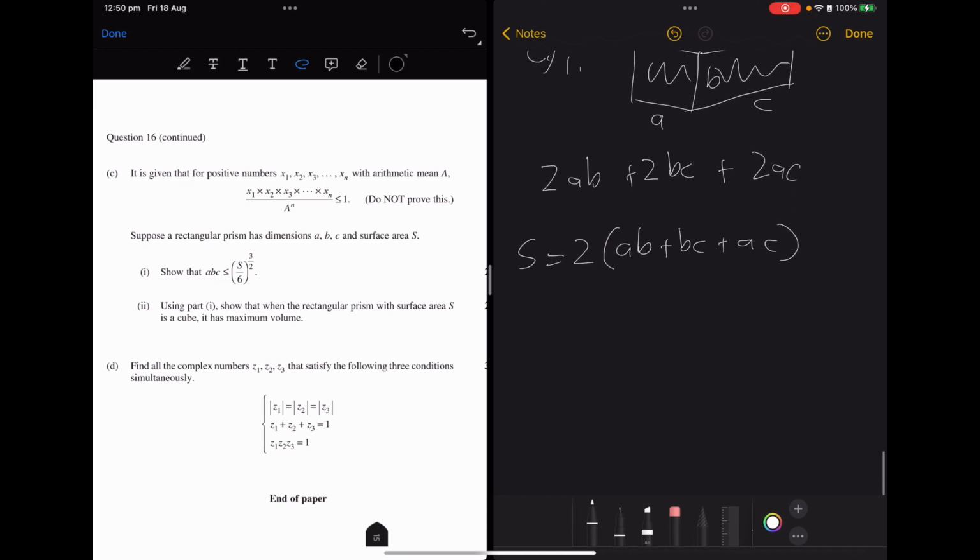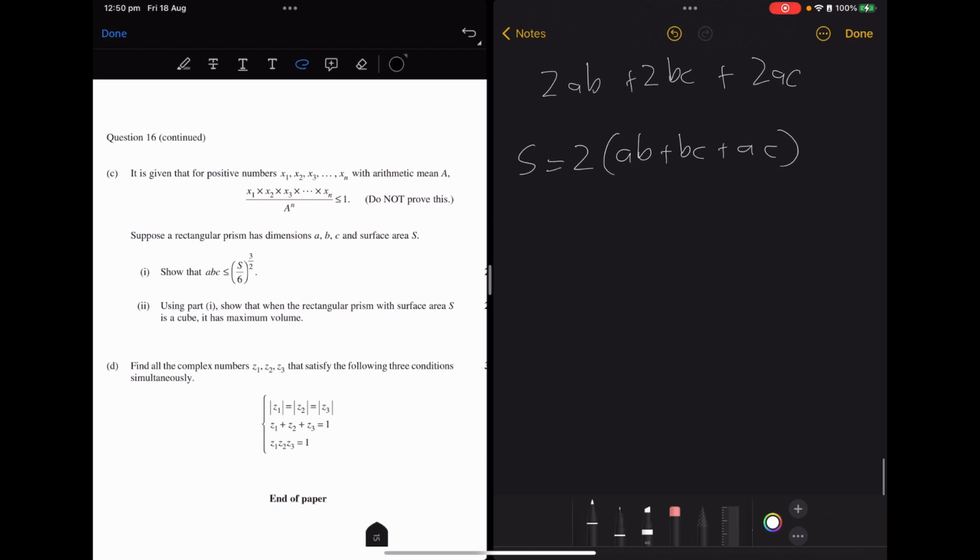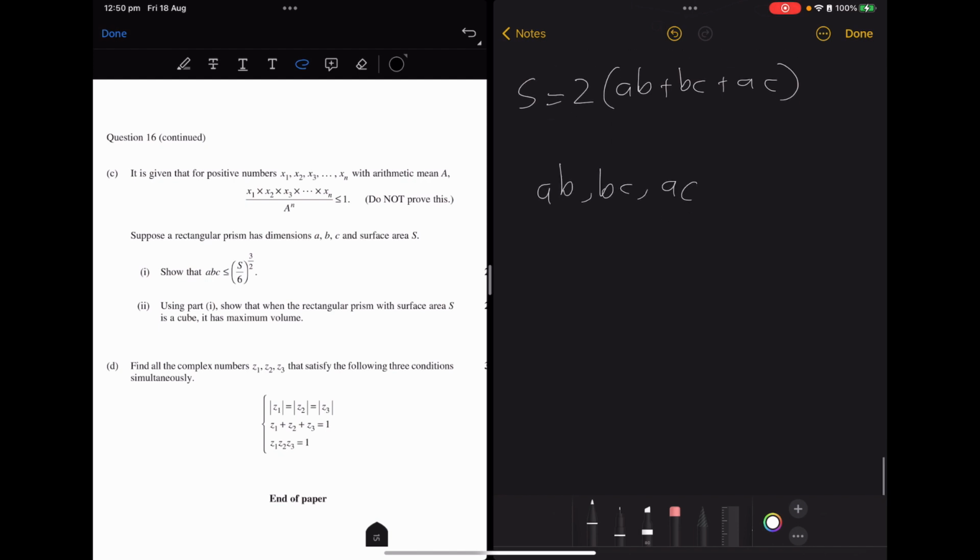Next, we want to use our arithmetic mean result. So letting our numbers be AB, BC, and AC, the arithmetic mean of them is equal to AB plus BC plus AC all over 3.